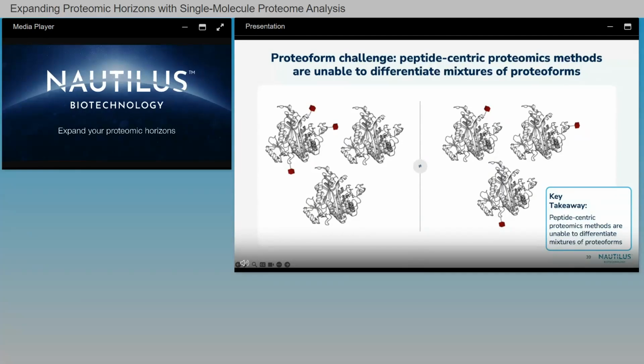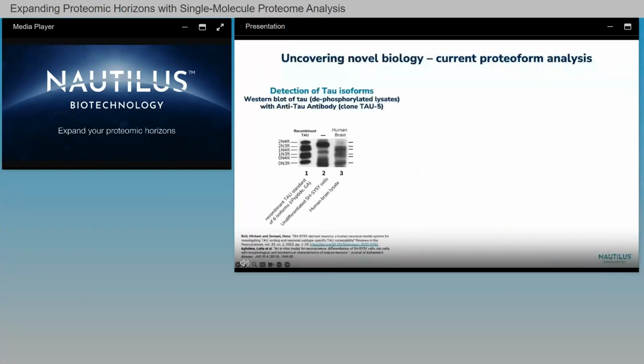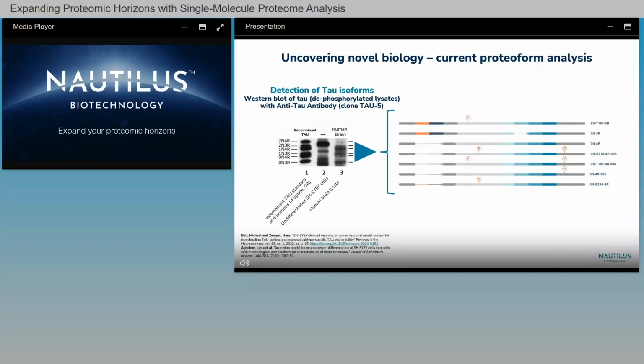Our first study diving into this is looking at a protein called tau. And oftentimes when one looks at variation in tau, and particularly isoforms, our common tool is the Western. But the Western hides a lot of detail. Under the hood of this Western are a number of variants of different splice variants and post-translational modifications.